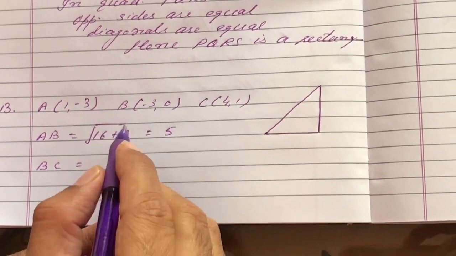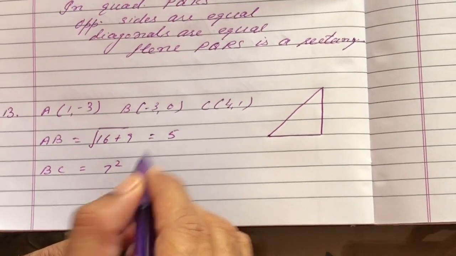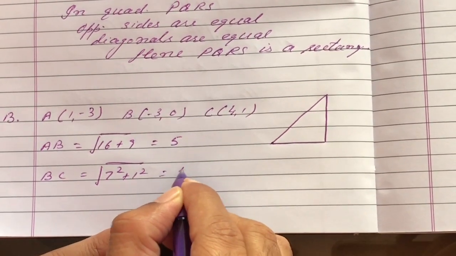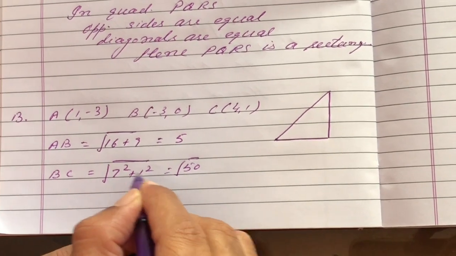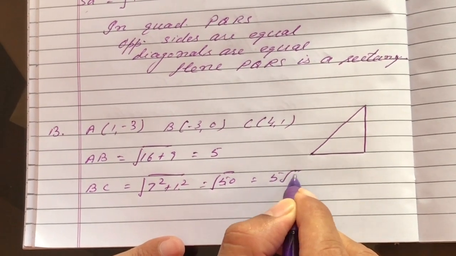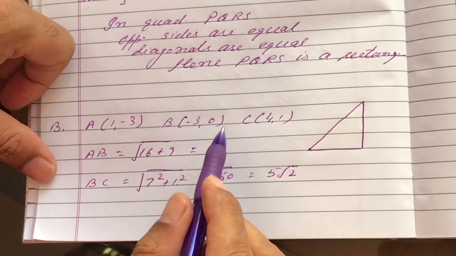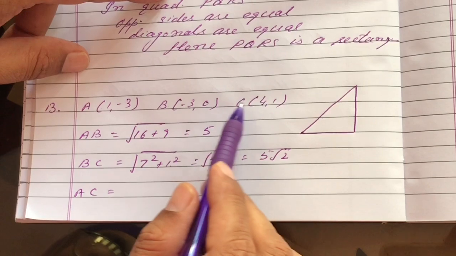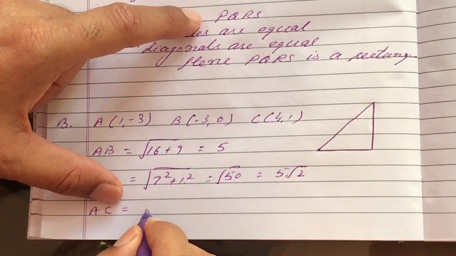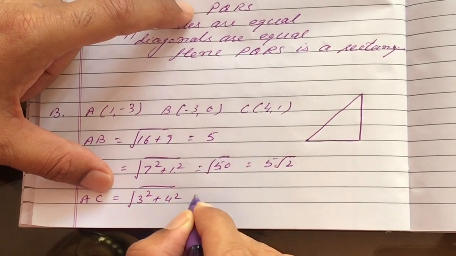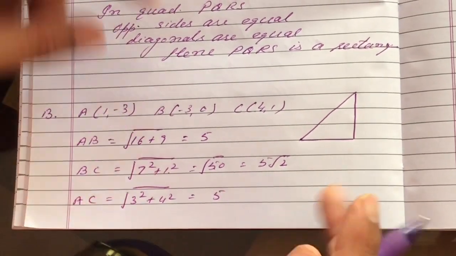BC is 4 plus 3, 7 square plus 1 square, that is root of 50. 49 plus 1 is 50, that is 5 root 2. Then what is AC? AC is 4 minus 1, 3 square, 1 plus 3, 4 square, that is 5.